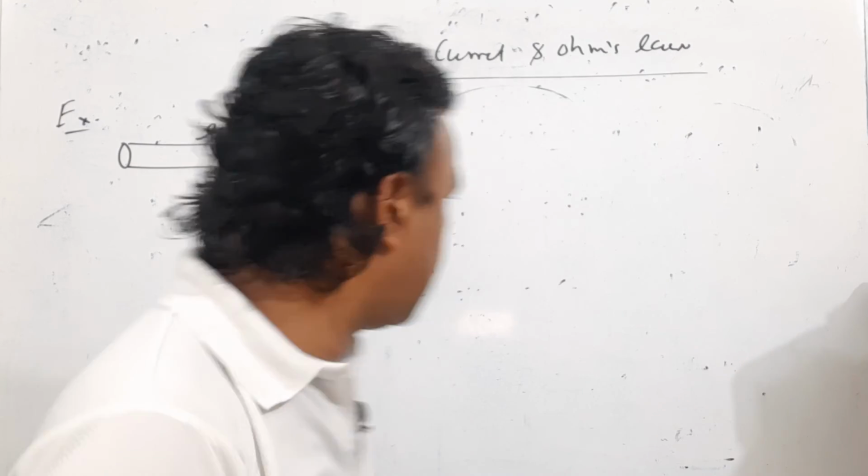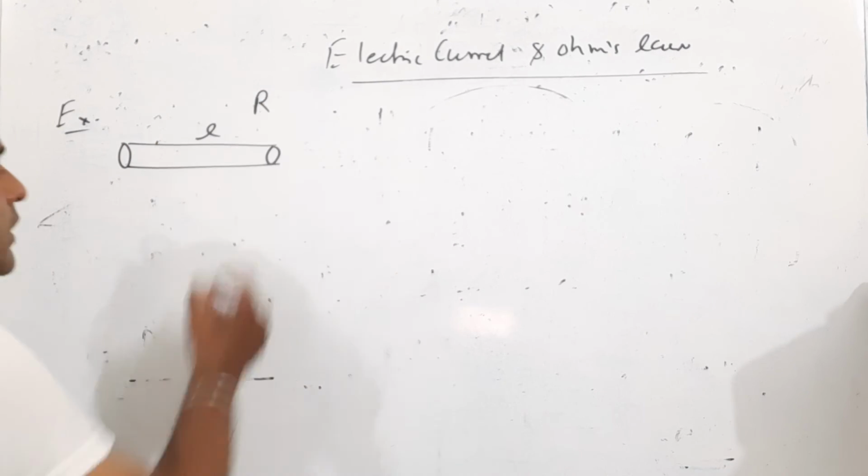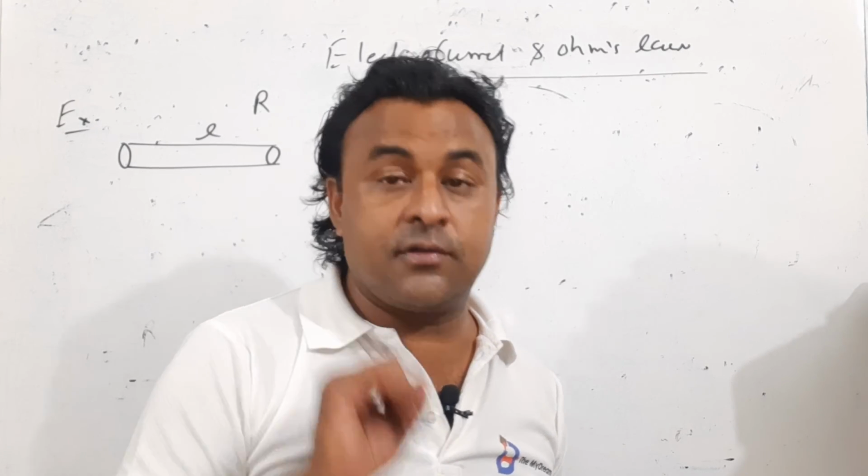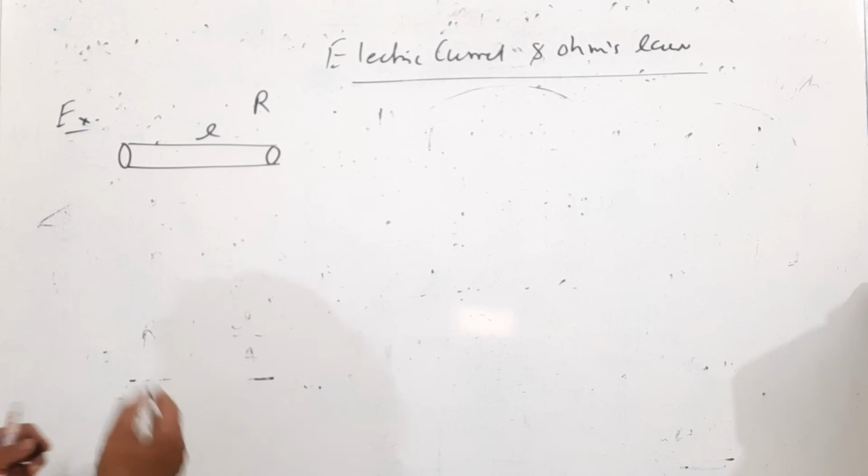Then what will be the new resistance of the wire, given the present resistance is R? Now let's solve it.